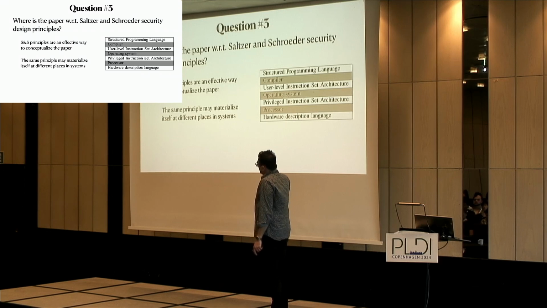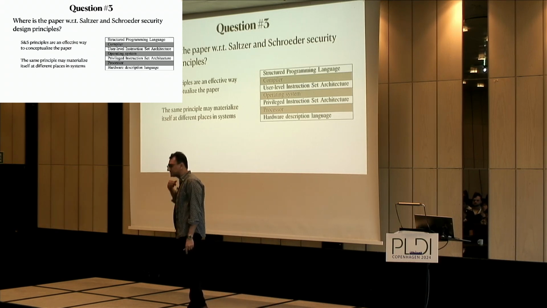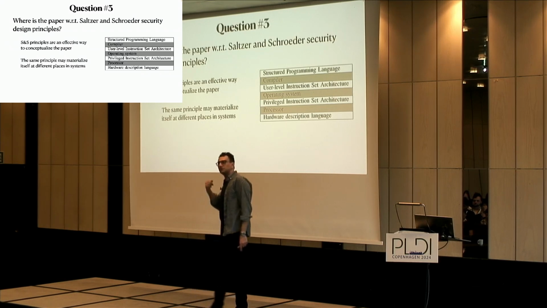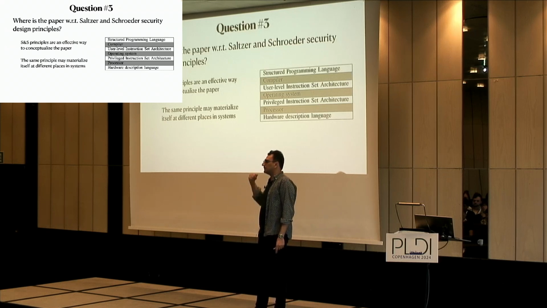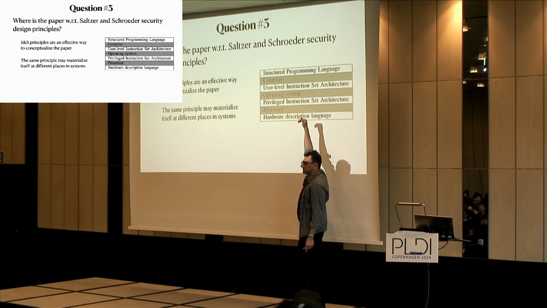if you have exercised and thought about these ideas quite a bit, you realize there's very little new in computer security. Because these principles really help you think about the same phenomenon appearing at different levels in your system, right?